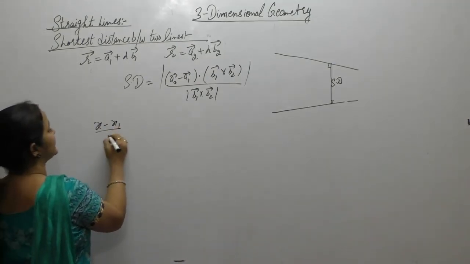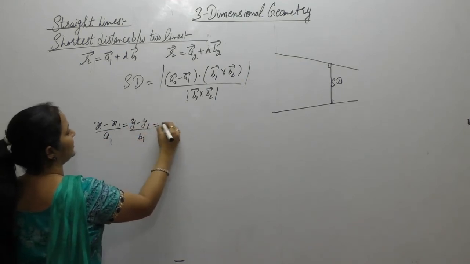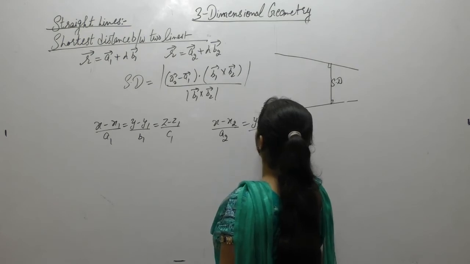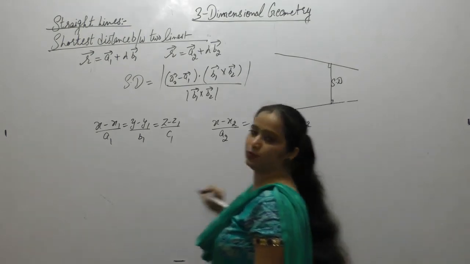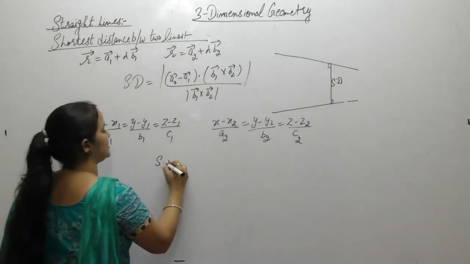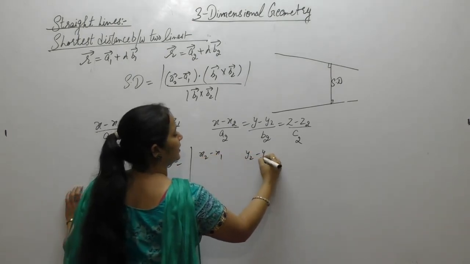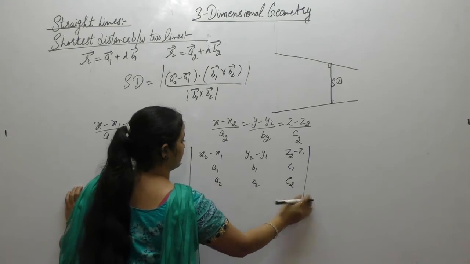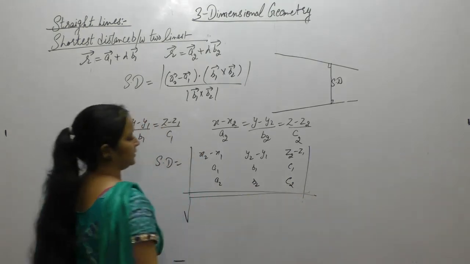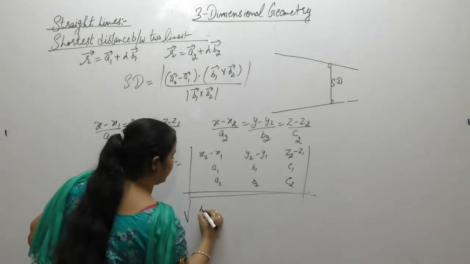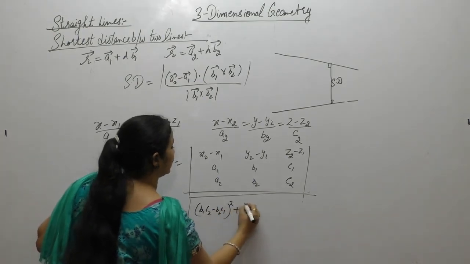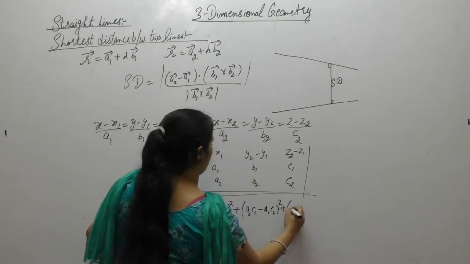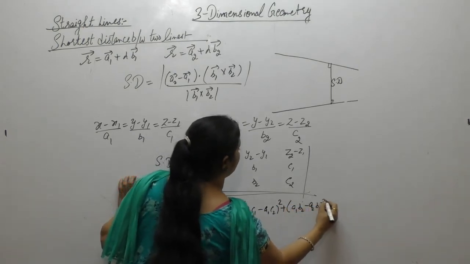When the lines are given in Cartesian form, (x minus x1) upon a1, (y minus y1) upon b1, (z minus z1) upon c1, and the second line is (x minus x2) upon a2, (y minus y2) upon b2, (z minus z2) upon c2, then the shortest distance between these two lines is the determinant of x2 minus x1, y2 minus y1, z2 minus z1; a1, b1, c1; a2, b2, c2, upon the square root of (b1 c2 minus b2 c1) whole square plus (a2 c1 minus a1 c2) whole square plus (a1 b2 minus a2 b1) whole square.